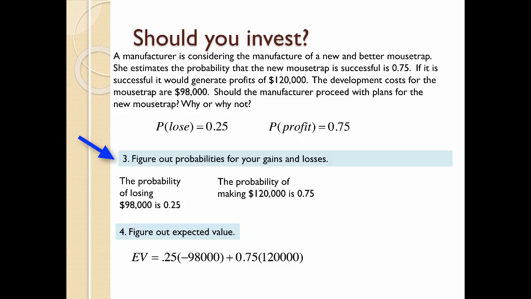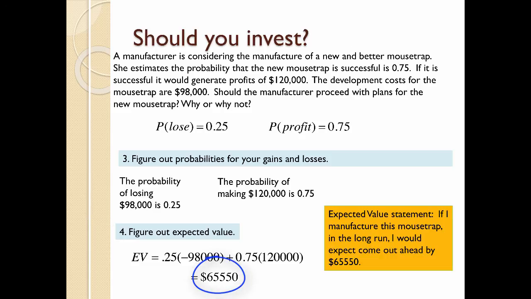We plug that into our expected value calculation, so 25% chance, or 0.25, times a negative $98,000, that's our possible loss, plus 0.75, that's 75% chance of making a profit of $120,000. So it looks like through our expected value calculation, we could come out ahead by $65,550. Looks like might be a pretty good investment.